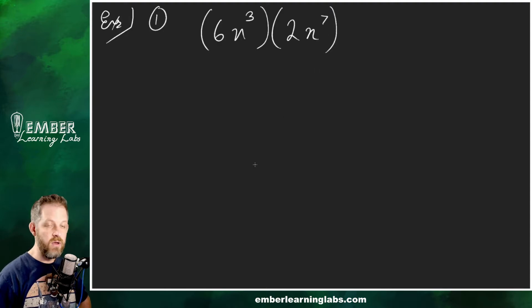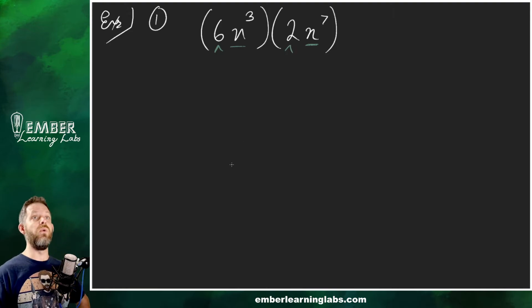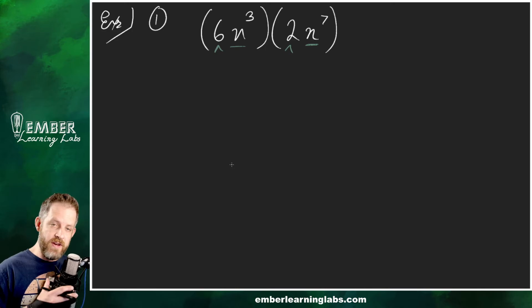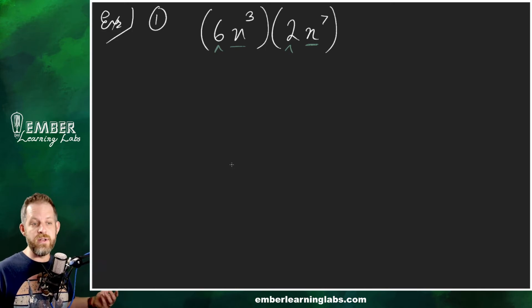So we have a couple of like bases here and here. n and n are alike. We also have some coefficients here in the front. If you remember from probably way back, the numbers in front of the variables are called coefficients, right? So what we do with those is the same thing we'd always do when they're multiplied: multiply them.